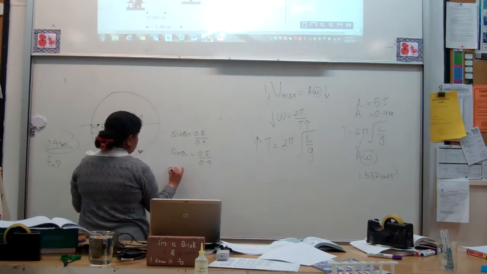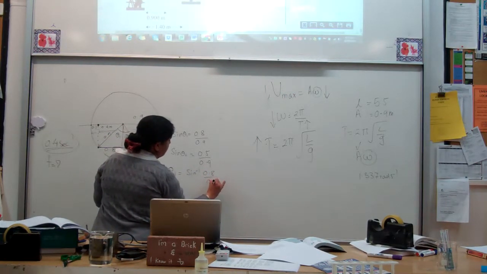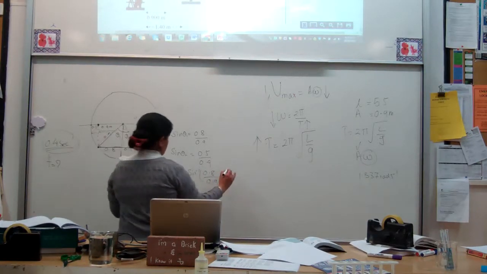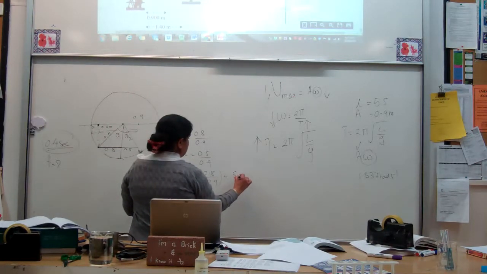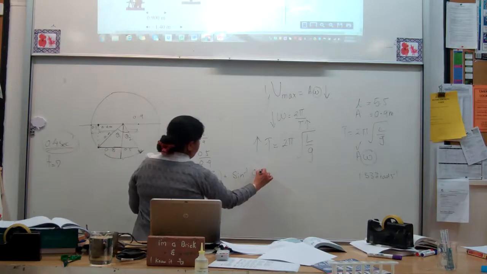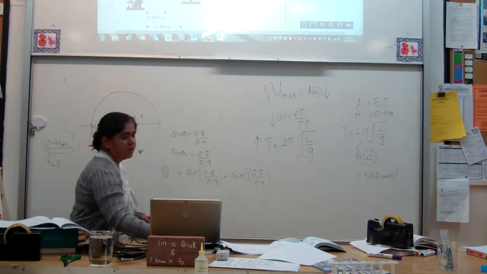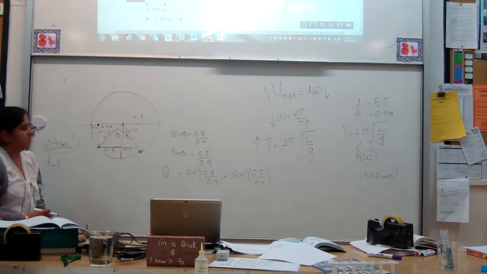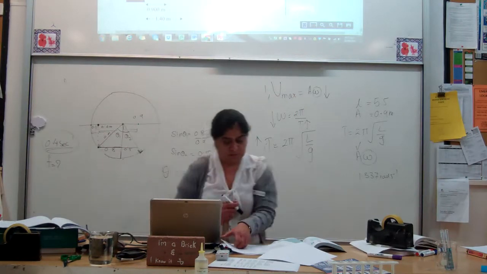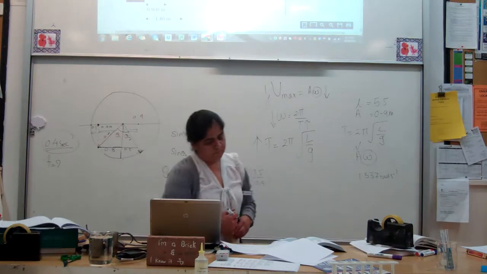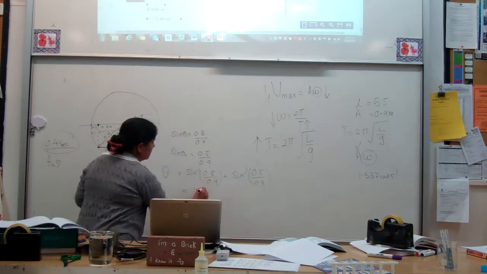Theta 1 is sine inverse of 0.8 divided by 0.9, and the total theta is sine inverse of 0.5 divided by 0.9. Remember, radian mode. Answer, anyone? Let's see who's good in calculation. 1.68 radians.